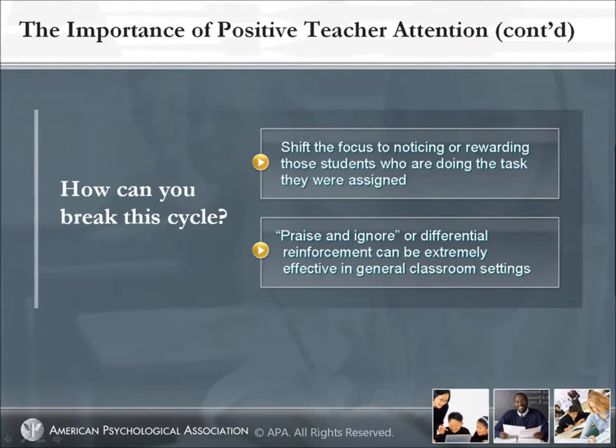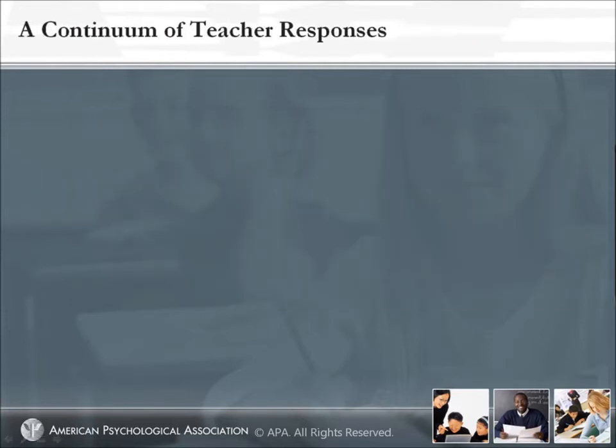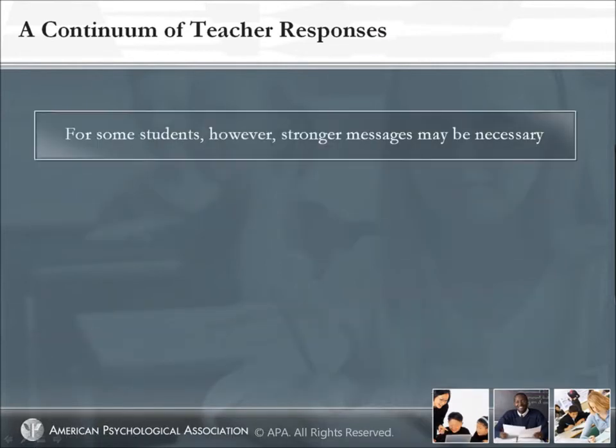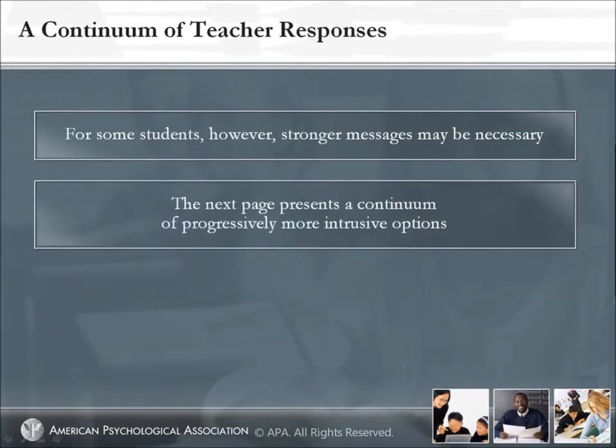A continuum of teacher responses. For some students, however, stronger messages may be necessary. These slides present a continuum of strategies for preventing behavioral escalation in the classroom. At the top are strategies covered in the first half of the module, such as effective instruction and teacher awareness.